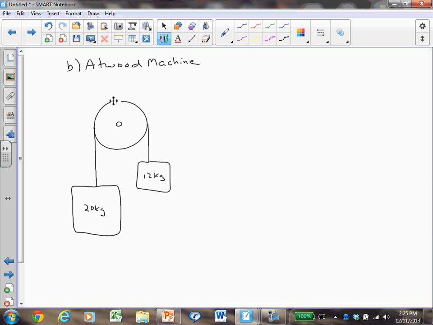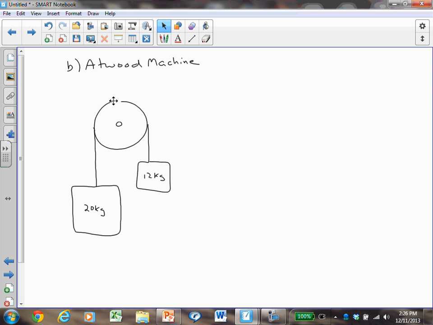Now, because the one mass is higher, if we ignore the friction between the string and the wheel, the pulley system there, the one mass being higher is going to produce an acceleration in that direction.